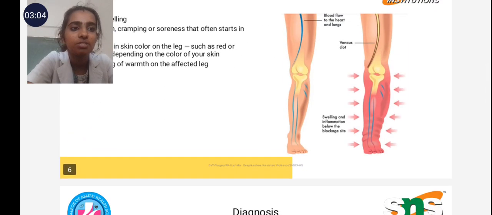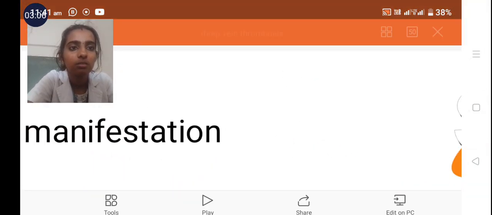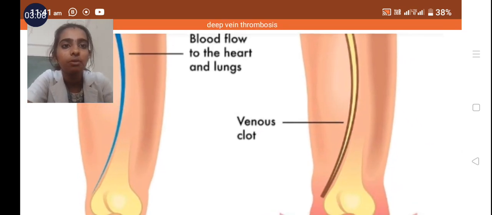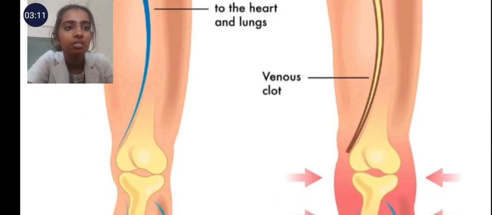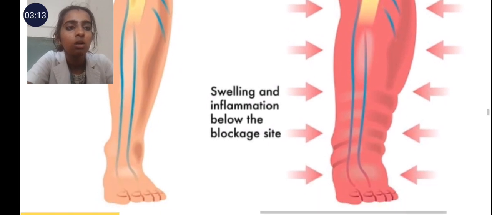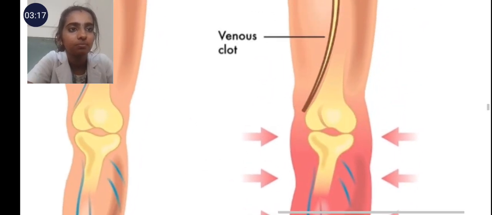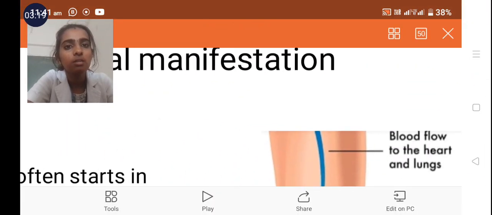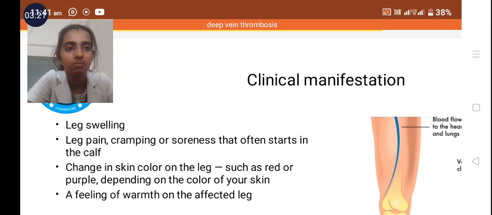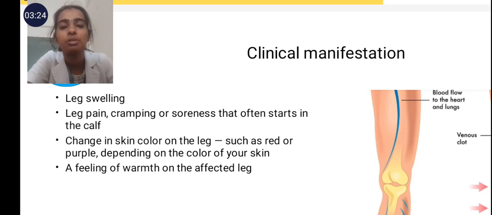And the clinical manifestations. First, blood flow to the heart and the lung. The vein gets clotted, so there is swelling and inflammation below the blockage site because of poor blood flow to the organ.